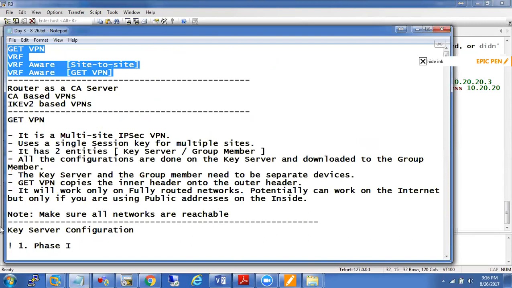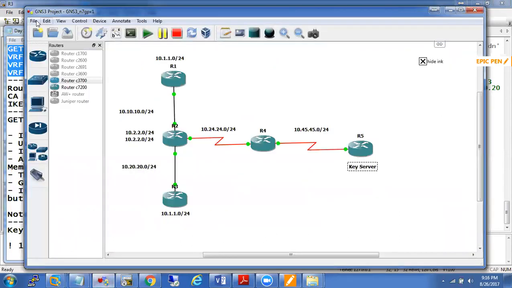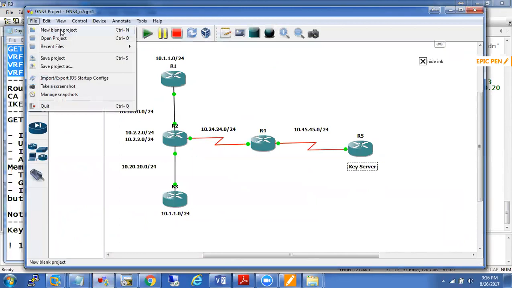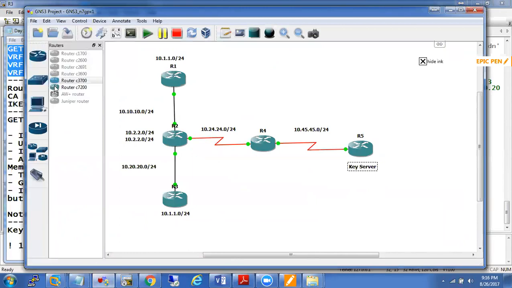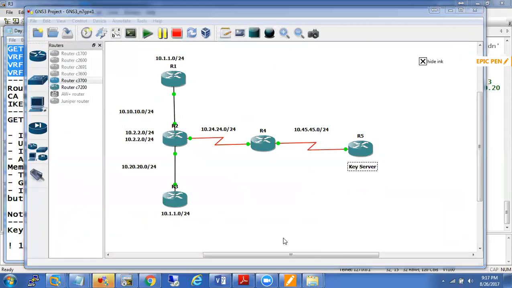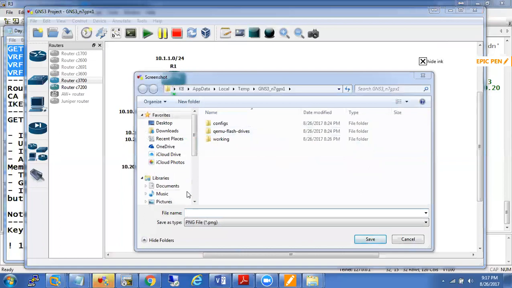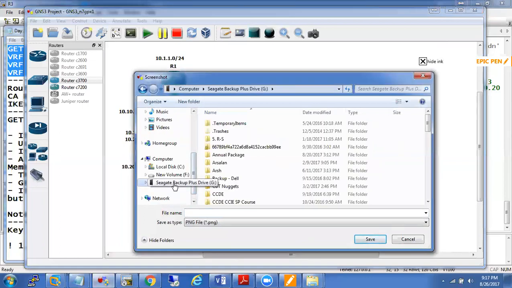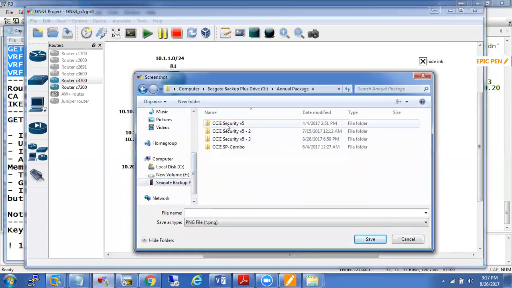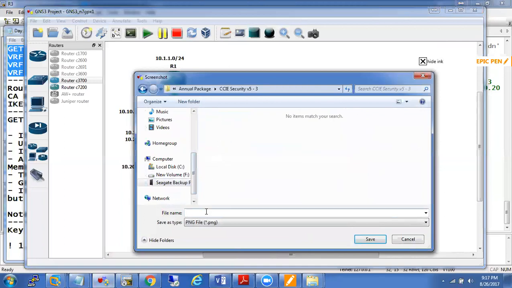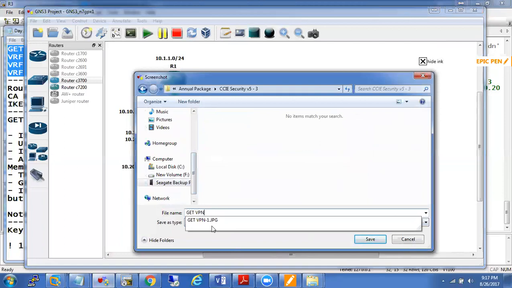All right, so let me take some images for you guys. So take a screenshot because I want this to be for your notes. Get VPN-2.